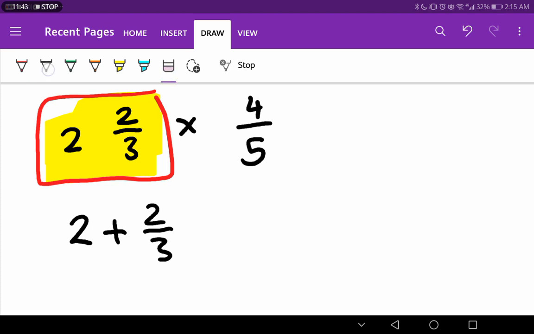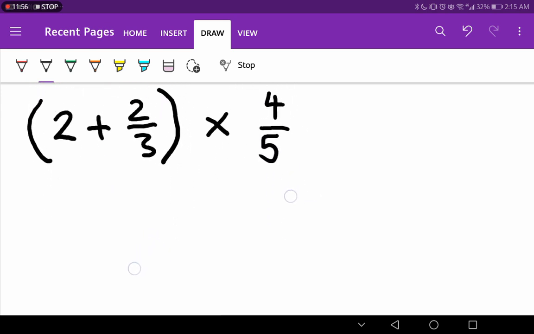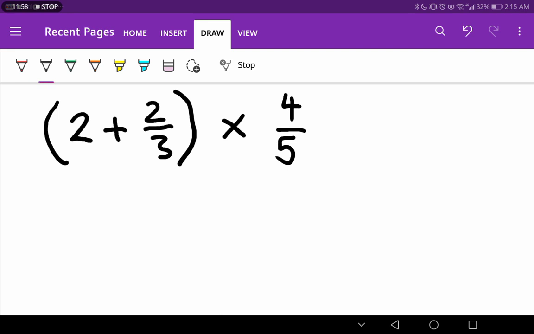Okay, multiply, we put it in parentheses, multiplied by 4 over 5. Then we use the distributive property, you know it. The 4 over 5 multiplied by 2.